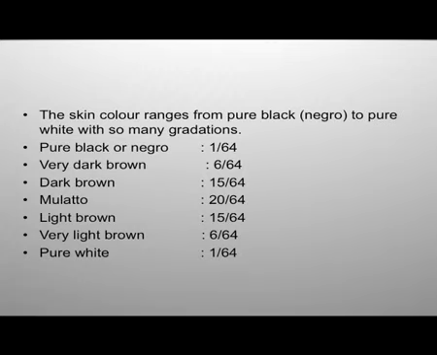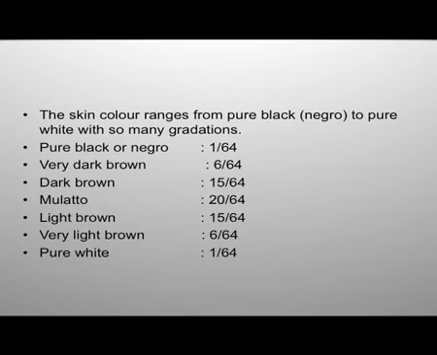Dark brown 15 out of 64. Mulattoes 20 out of 64. Light brown again 15 out of 64. Very light brown 6 out of 64. And pure white 1 progeny out of 64, just like the parent.